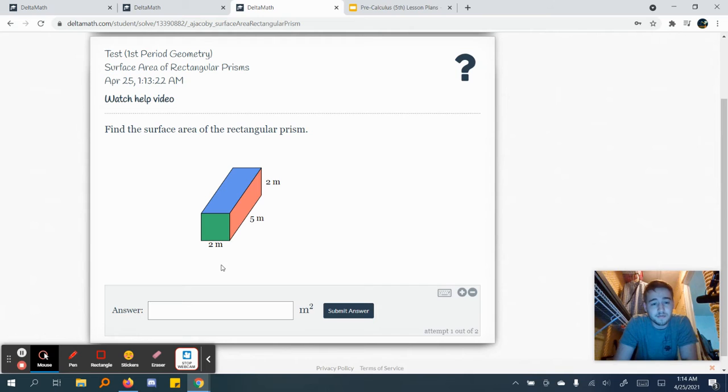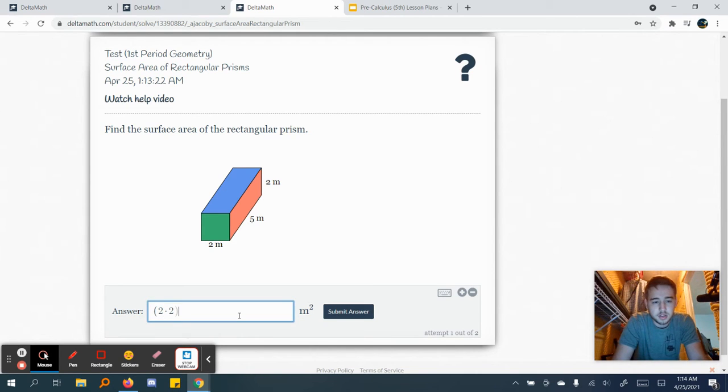So right here, if we actually look closely, we've got a width that is constant at 2, a depth, which is that third dimensional measurement, which is constant at 5, and a height also constant at 2. So we're going to have 3 rectangles that are repeated twice in order to find this area. One is the green square on the front that is 2 wide and 2 tall.